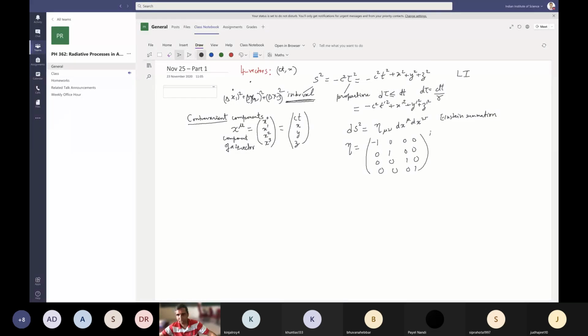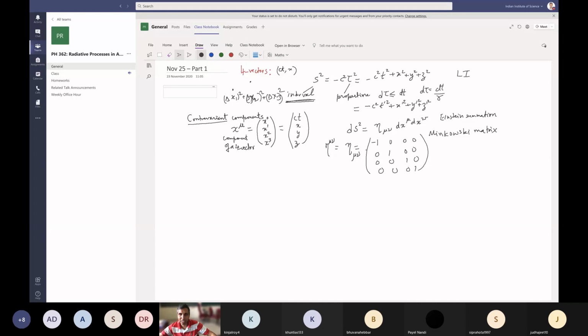So this is called the Minkowski matrix, and eta with upper indices is also equal to eta with lower indices. So both the contravariant and covariant Minkowski matrices are the same, and it's a symmetric matrix.